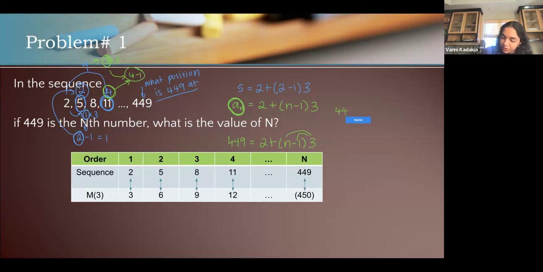So we get 449 equals 2 plus 3n minus 3, right? I have to distribute this 3. Okay, what's the next step? You group like things. Okay, yeah, so 449 equals 3n minus 1, right? Okay, next step.